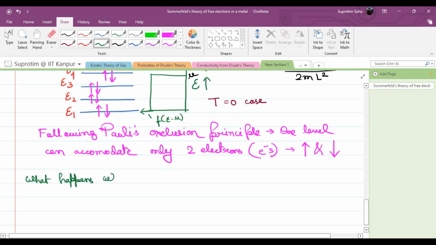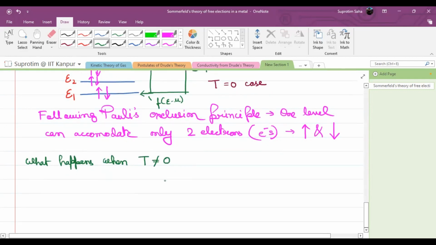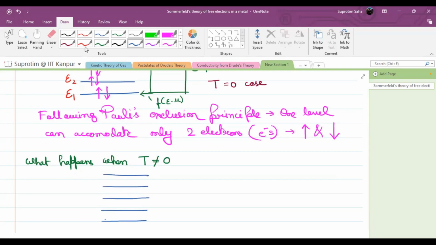All right. So now with that picture in mind, what happens when T is not equal to 0? For a finite temperature, what happens? Let us see. So these are your energy levels. Up to certain energy levels, you are filling up with electrons, spin up and spin down.